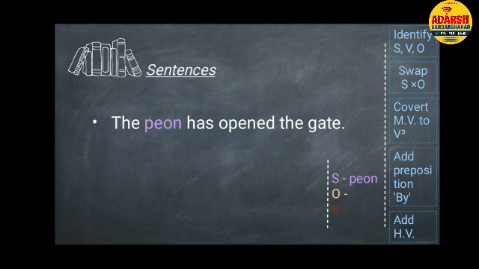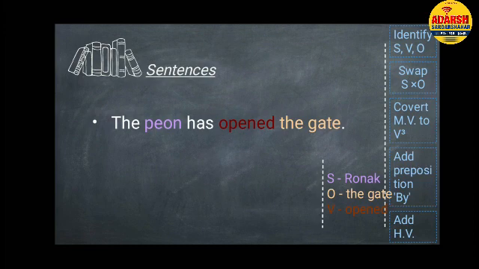So the peon is the subject, while the object is the gate, because the activity of opening is performed by the peon on the gate. The object is that on which our action is performed. Here our action is performed on the gate, so the gate is our object, while the verb is our action, which here is opened. So here we have our subject, object and verb.